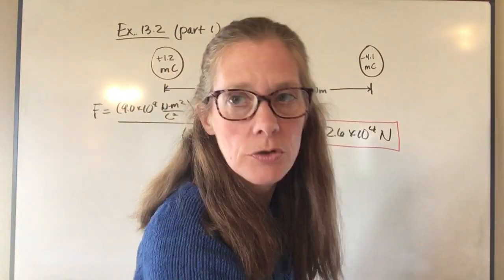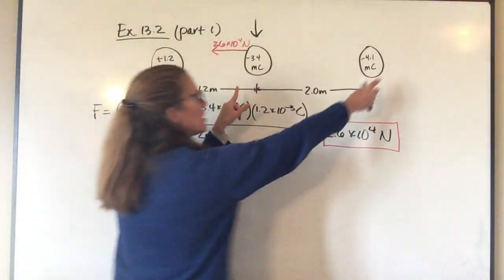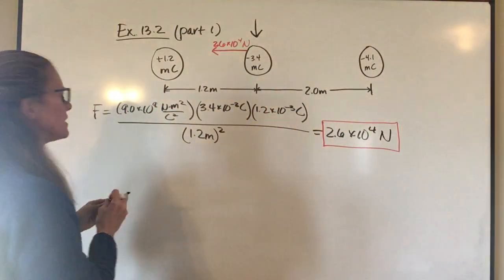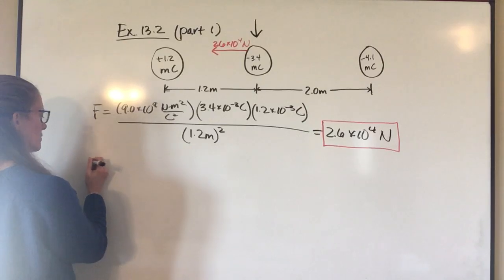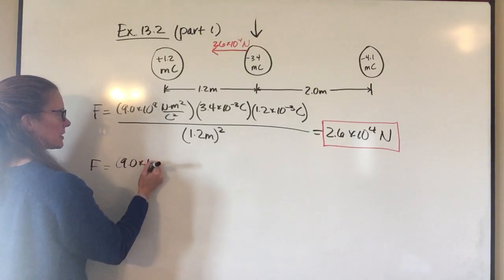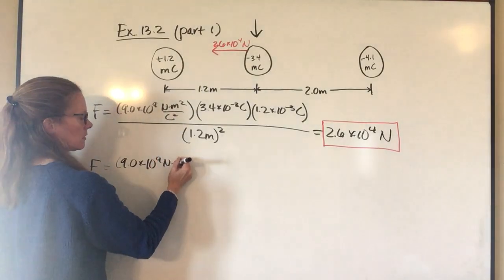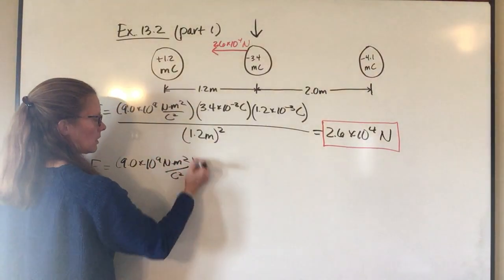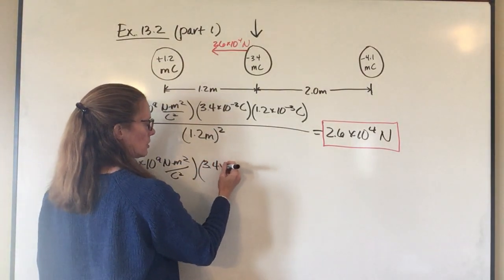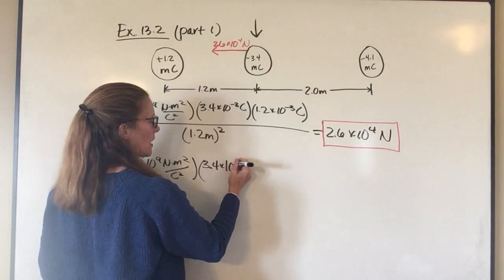Now we need to look at this particle's effect on this center charge. So we need to do exactly the same thing. We're going to calculate that force. So I'm going to have K once again. I'm going to put the two charges in there, again without reference to any signs.